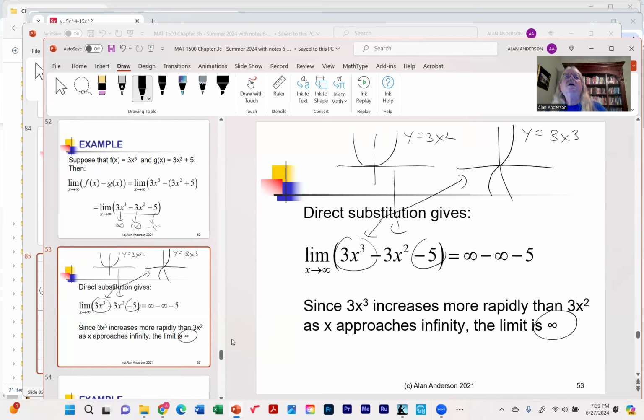The one that's approaching infinity more quickly is here. So therefore, the difference must be approaching positive infinity.